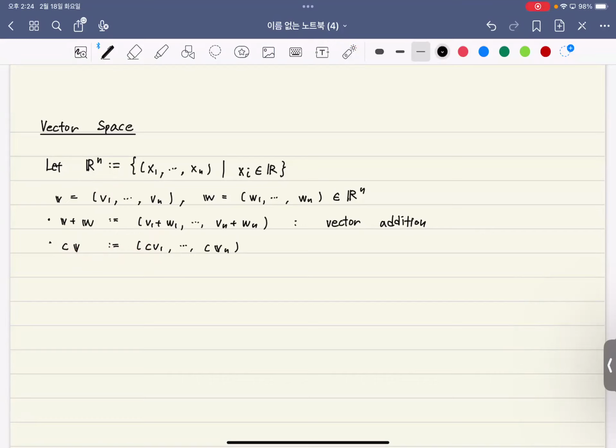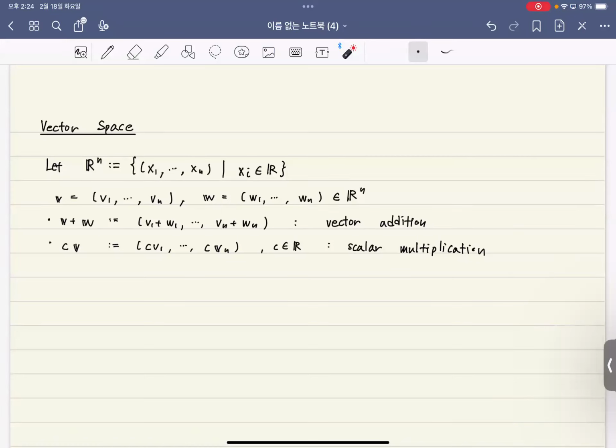I'm going to call this operation scalar multiplication. Maybe some of you are not that familiar with the terminology of scalar. A scalar is nothing but just some random number, but I call it a scalar just to emphasize this is not an element of Rn.